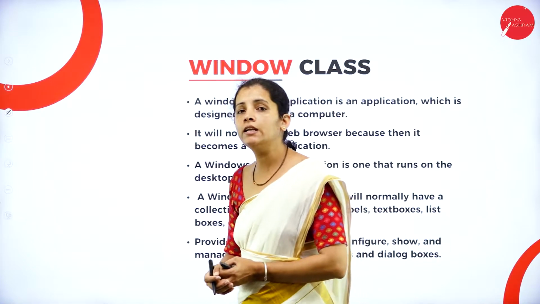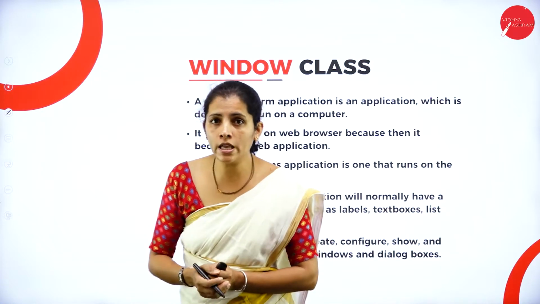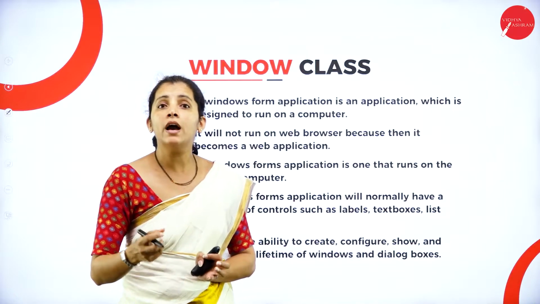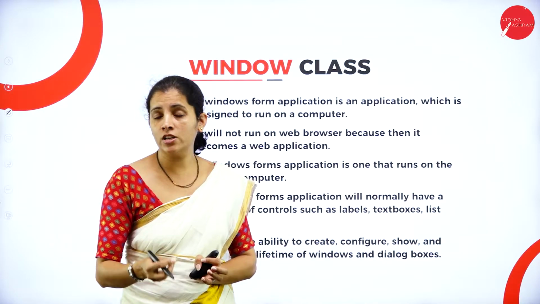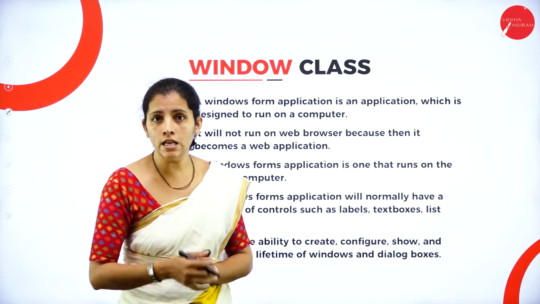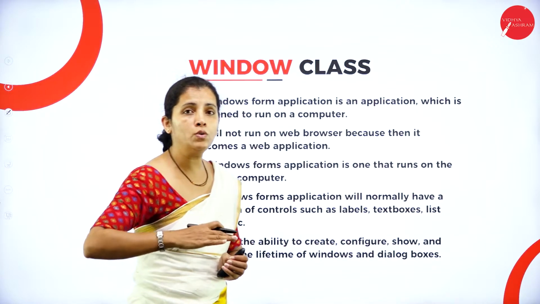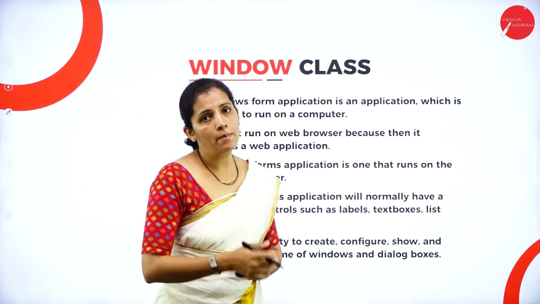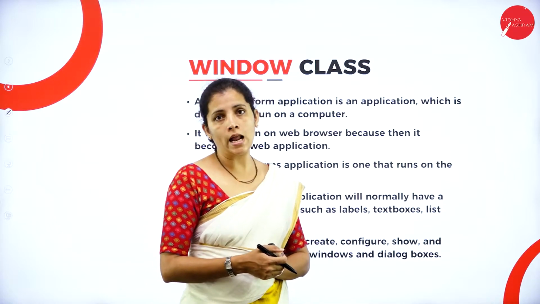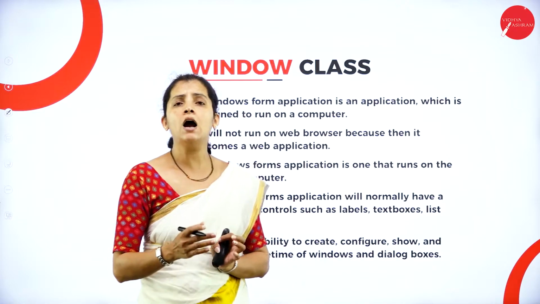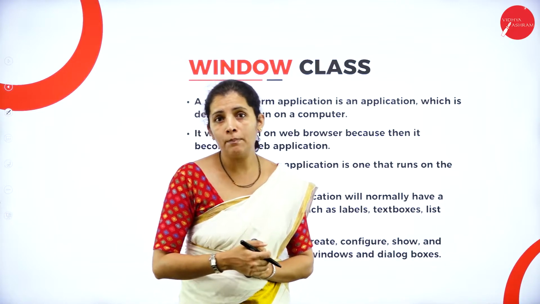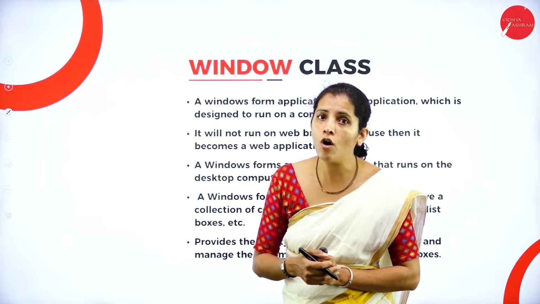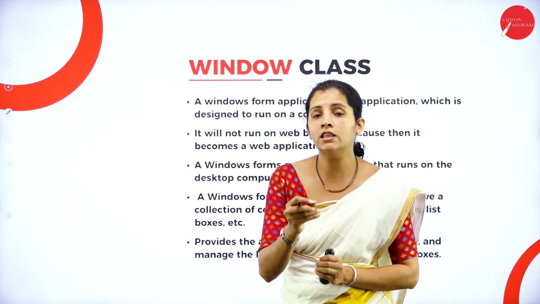So dear student, if I want to create any application form, we are familiar with the application form in our daily life. Suppose if I want to fill any form, then I'm going to get the online application form. How does that online application form look like? It's an electronic form, and I'm going to get the fields.